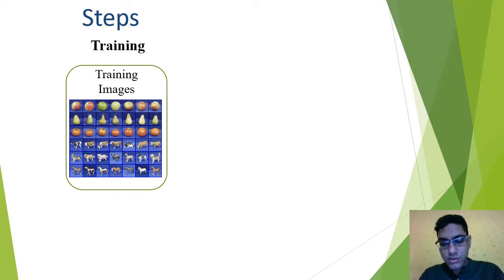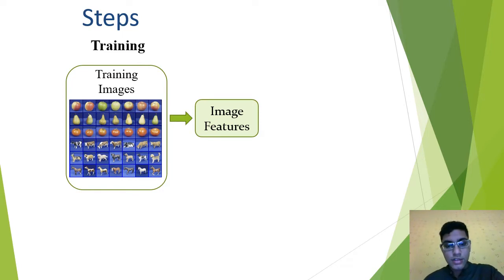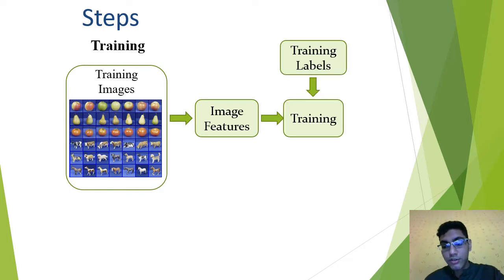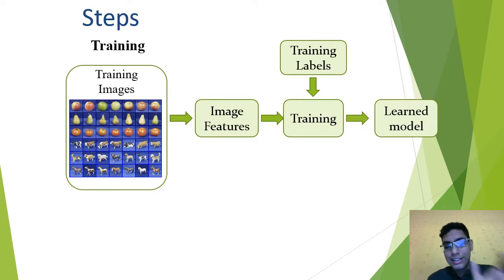In the training images, we have taken a lot of images, for many fruits like apple, guava, and pineapple. For vegetables, we have taken tomato as input, and for animals we have taken many animal pictures. So how does the model work? From the training images, the image is featured, then the function is applied on them, then the training labels are applied where the training is done, and then we have the learned model.